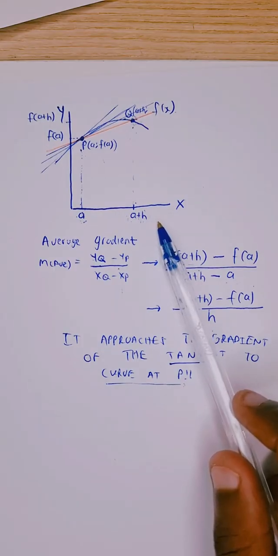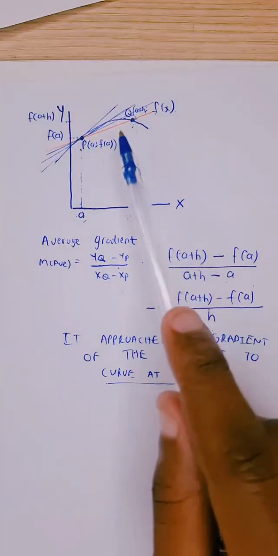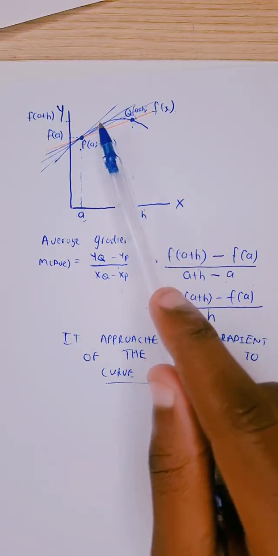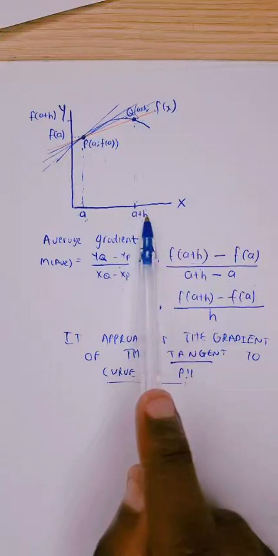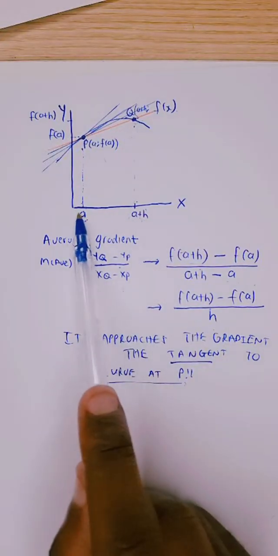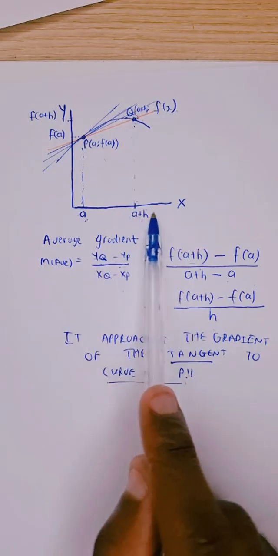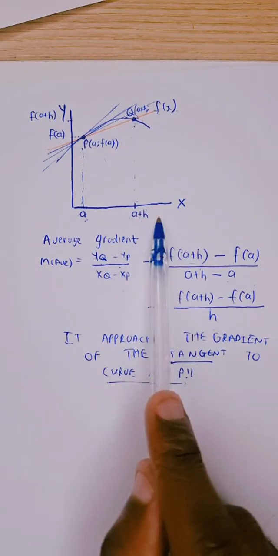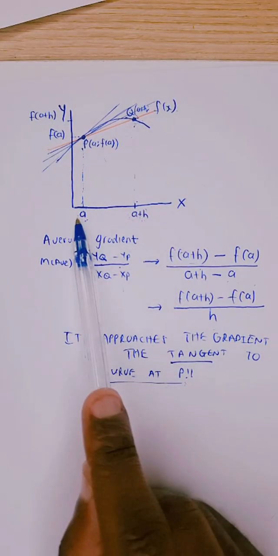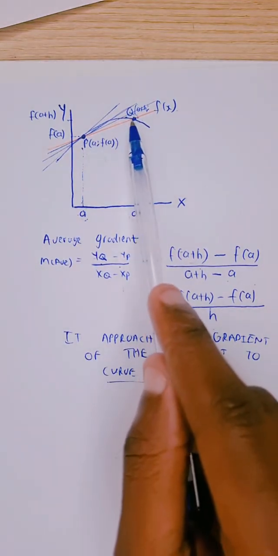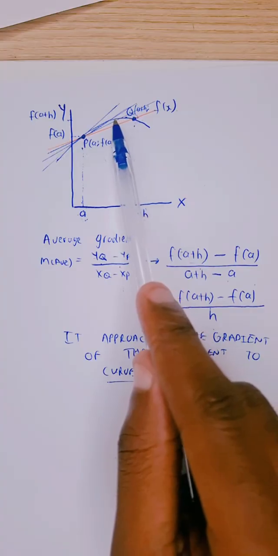So as point Q approaches P, what happens to my H? Because remember, A plus H was H away distant from A. But what happens as point Q approaches P?